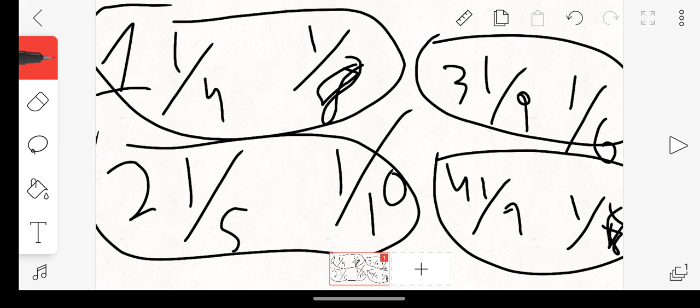Alright, so you guys are gonna tell me which one it is. So the first one. If you chose 1/4, you are correct. Second one. If you chose 1/5, correct.